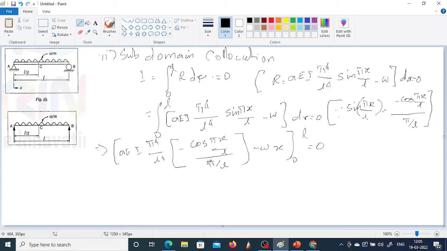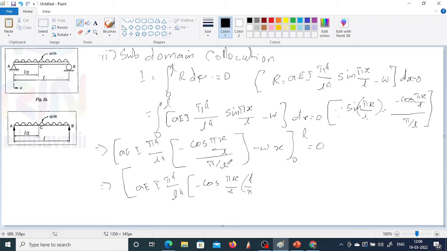I got that. After that, what happens in the next step? Again A EI pi power 4 divided by L power 4 I got. In that, if I substitute the values, I can move this pi by L as L by pi into the numerator side, so that I can write minus cos pi x by L into L by pi.